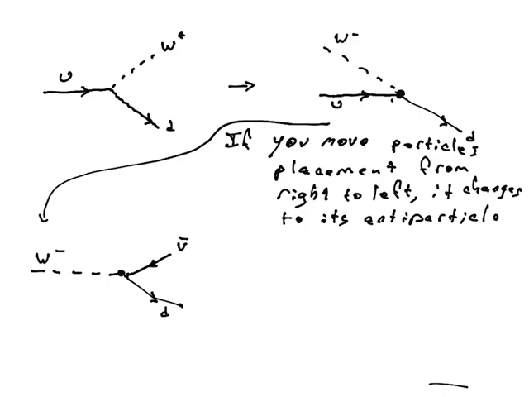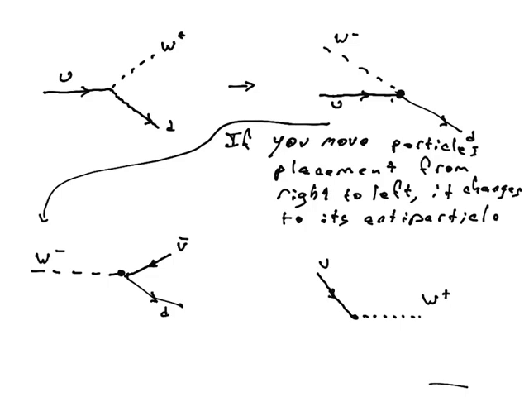Okay. What else? Well, how about if I were to take the first vertex I drew on the left, and keep it the same, so my up is still on the left. The W is still on the right, so this is still a W plus, this is still an up.